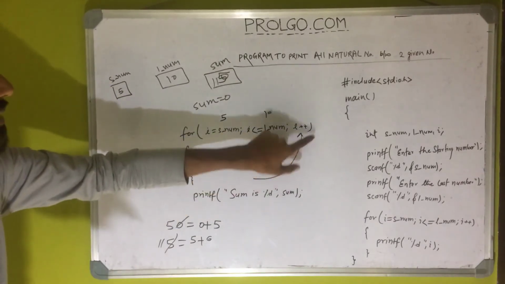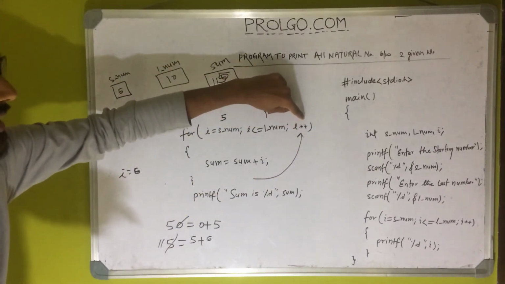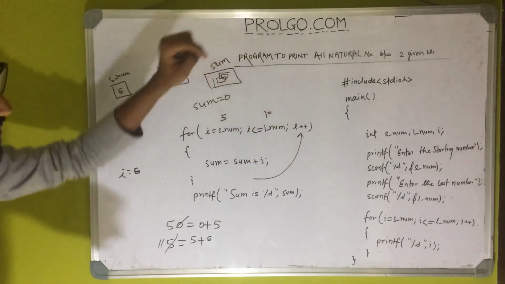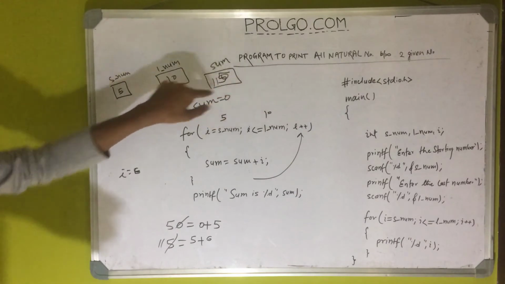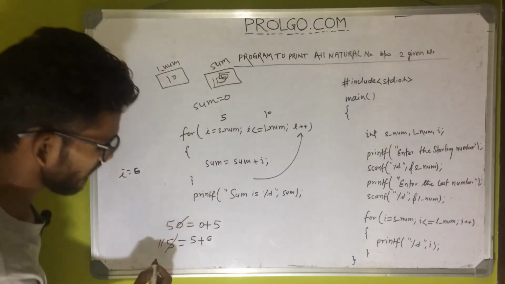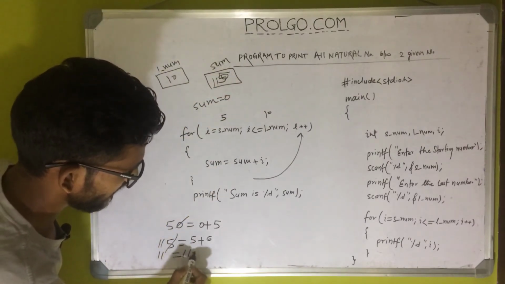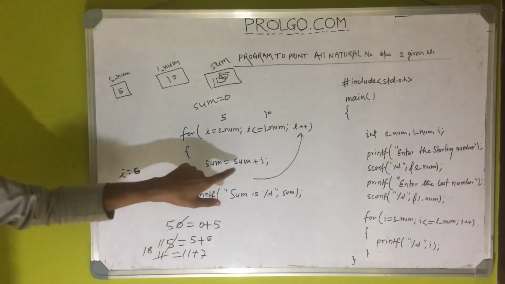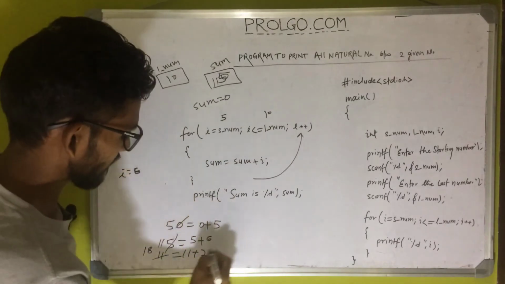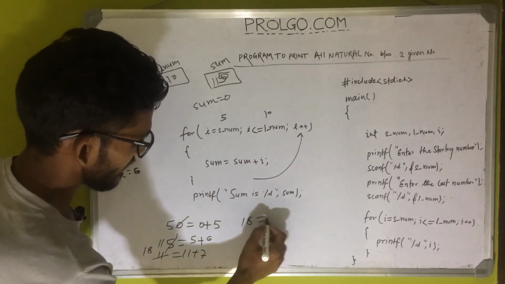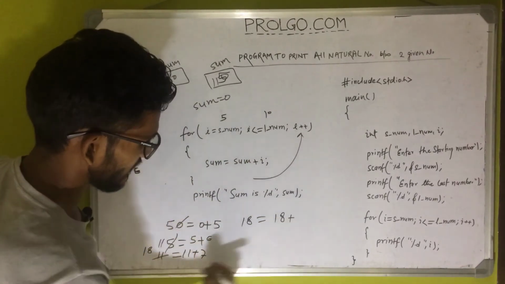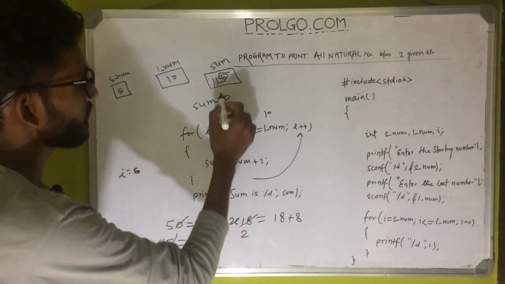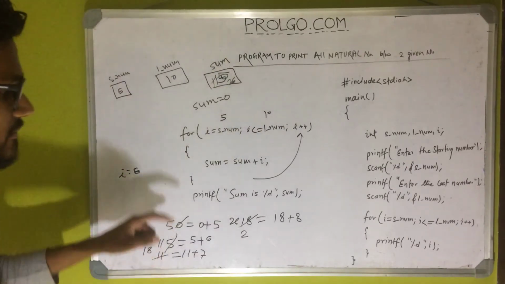Again the control will go here and the value will be incremented by 1, so that is 7. It will check 7 is less than or equal to 10. Yes, that's correct. So again it will come here and the value will be updated: 11 plus 7, which is 18. Again it will come here and the value will be updated as 18 plus 8, so it would be 26. So 26 will be updated here.